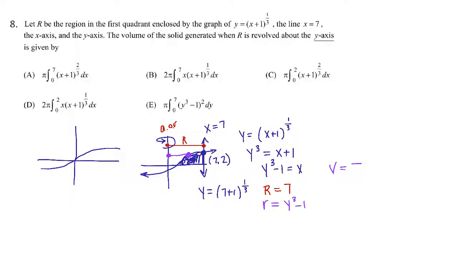It's going to be pi times the integral, and we have to go for our y endpoint, so we're going to go from 0 to 2. And then it's going to be our big R squared, so 49 minus our little r squared dy.